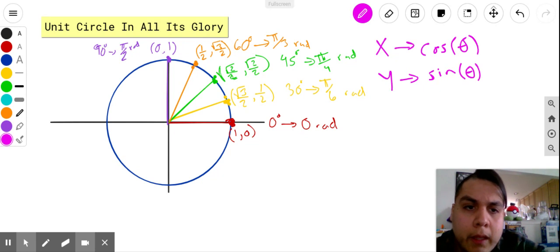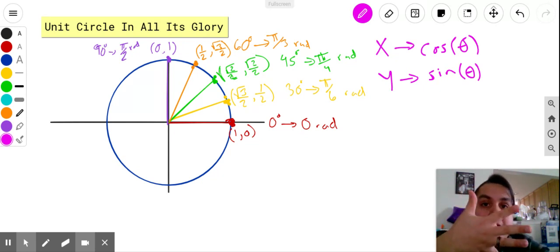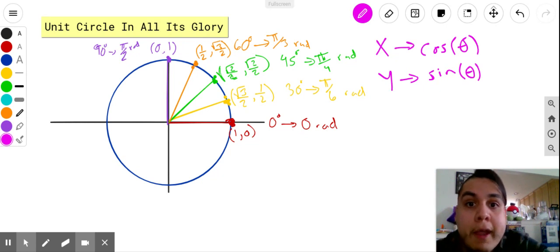All right. So automatically, as long as you know the five angles, you have the sine and cosine of each of those angles. The only thing you would have to do is figure out how to take that information and apply it to the other four quadrants.